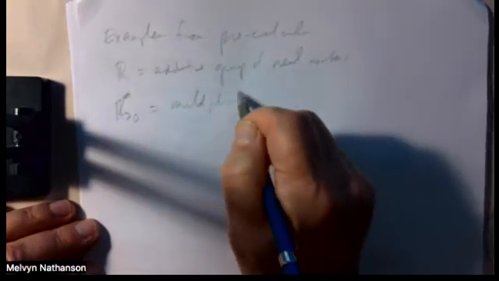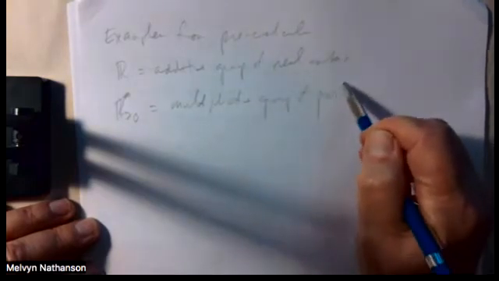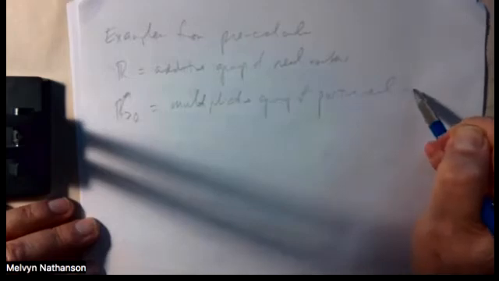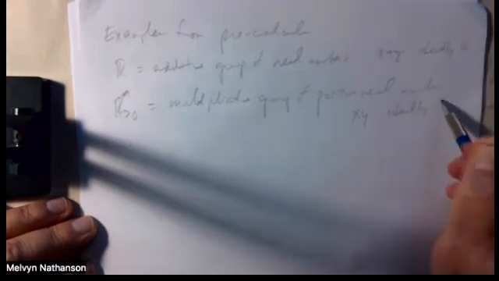And suppose I take R greater than 0 to be the multiplicative group of positive real numbers. So if you have real numbers, you can add them and you get another number with the identity 0. If you have positive real numbers, you can multiply them and the identity is the number 1.